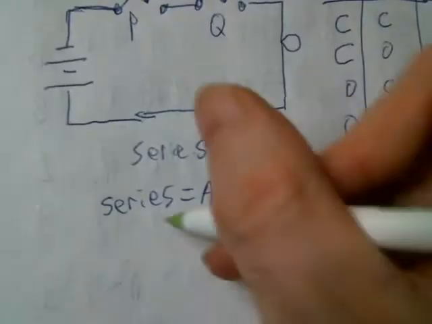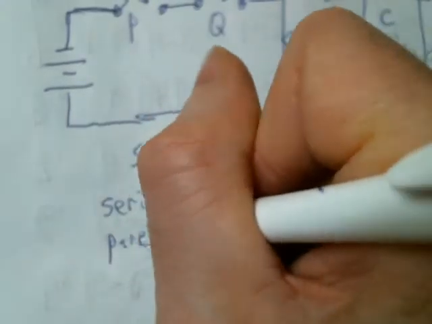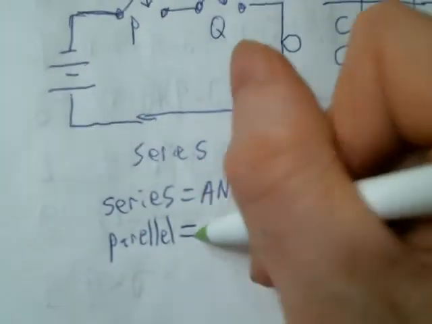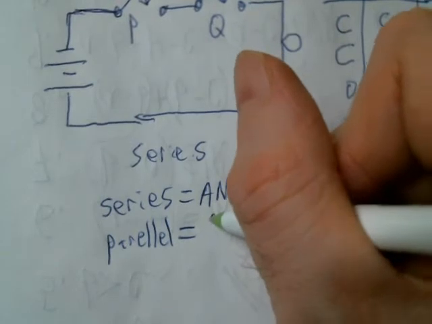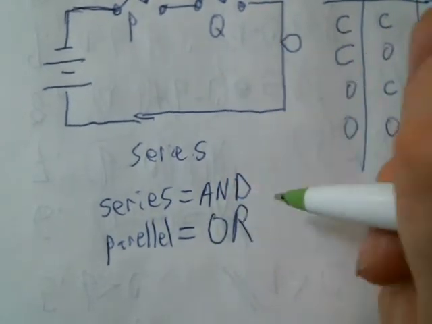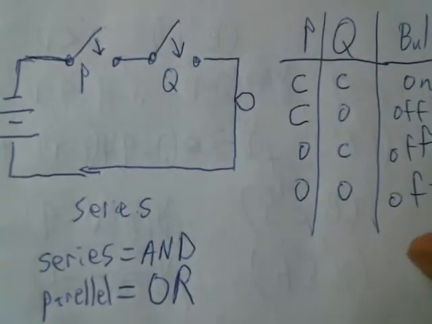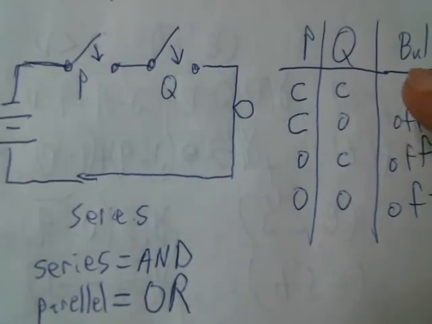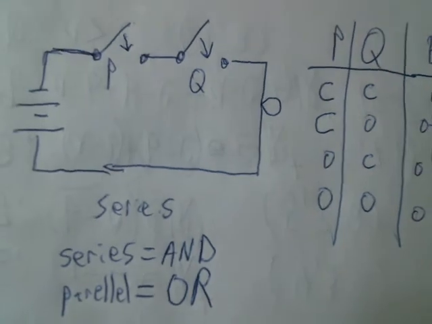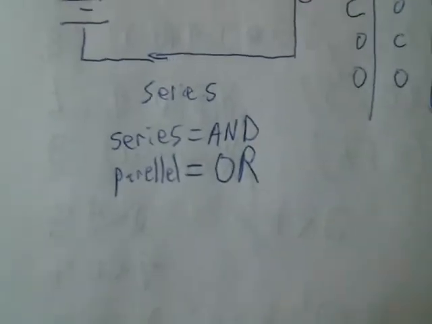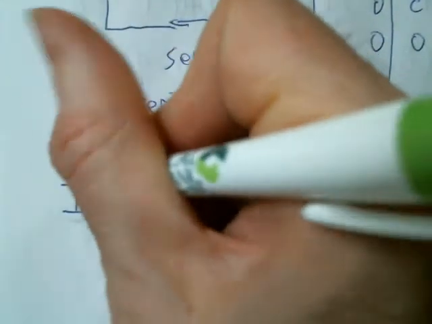And then when you have parallel, and they show a picture of that in the book, I'm not going to draw it out, that would be an OR case. Okay, so again, you can make a direct connection between everything that we've done in logic up to this point and circuits.